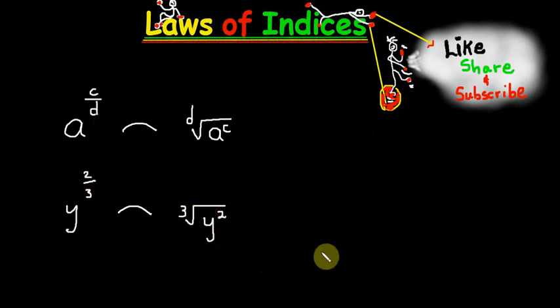Very, very easy. Suppose we look at it in the reverse way, right? Suppose I give you the cube root of y squared. I want you to express this as a fractional power. How do we do that? So, write our base y. The number 3 outside, so lonely, has to be promoted.